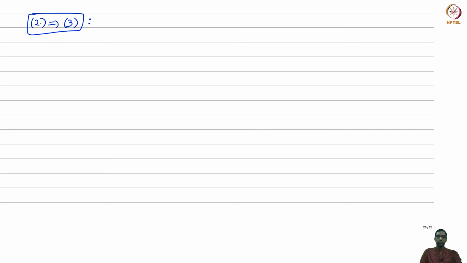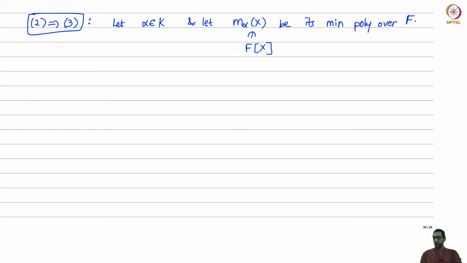We have to assume part 2, which means this stability under F-automorphisms, and we need to show 3, which is that for every element alpha, so take an element alpha in K and look at its minimal polynomial M_alpha over the base field F. In other words, this is an irreducible monic polynomial satisfied by alpha with coefficients in F. Now we need to show that M_alpha splits completely over K. Okay, so let's assume the contrary. Suppose M_alpha(X) does not split.